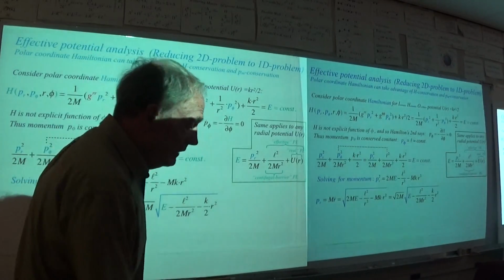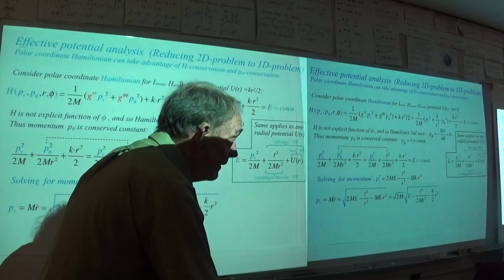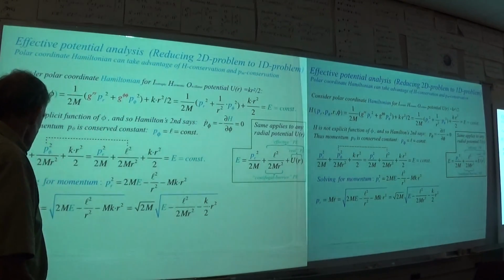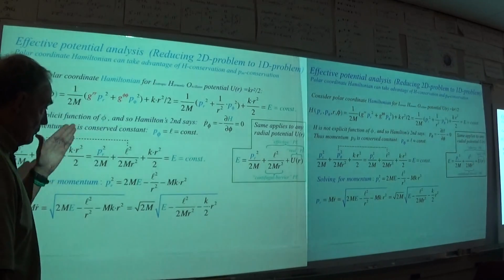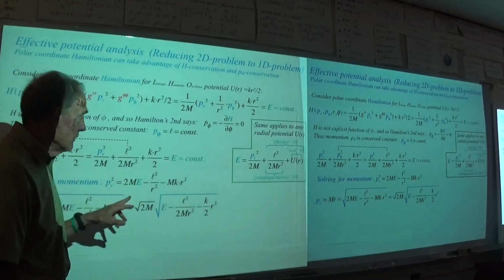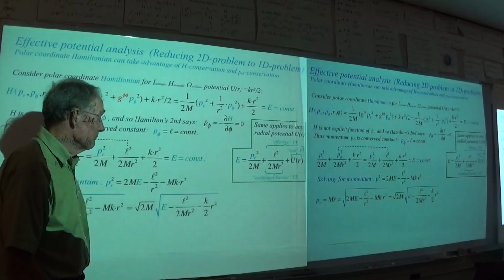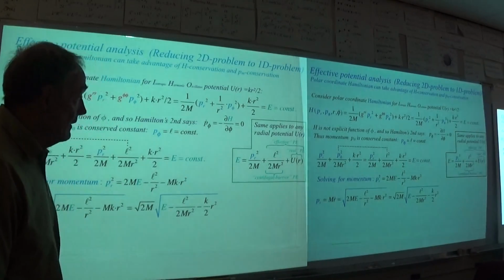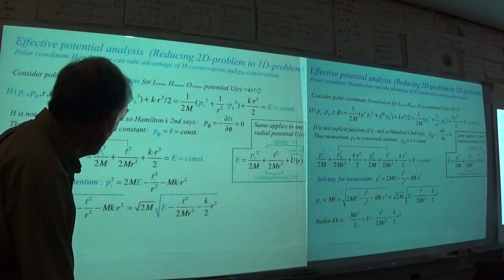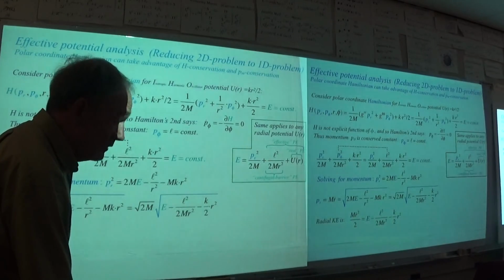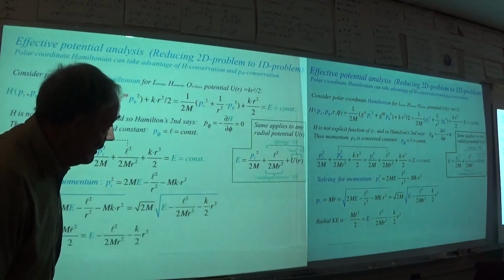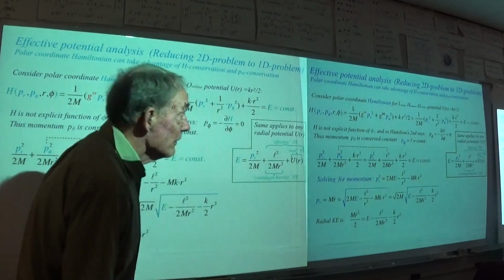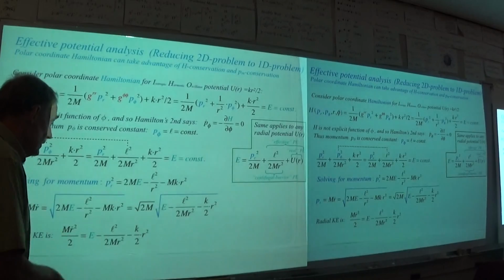So it's quite easy then to go ahead and solve the momentum, how fast the thing is going in the radius as a function of the radius, in closed form. And not only that, but in this case, and it's pretty much true in cases related to this, you can integrate the results.